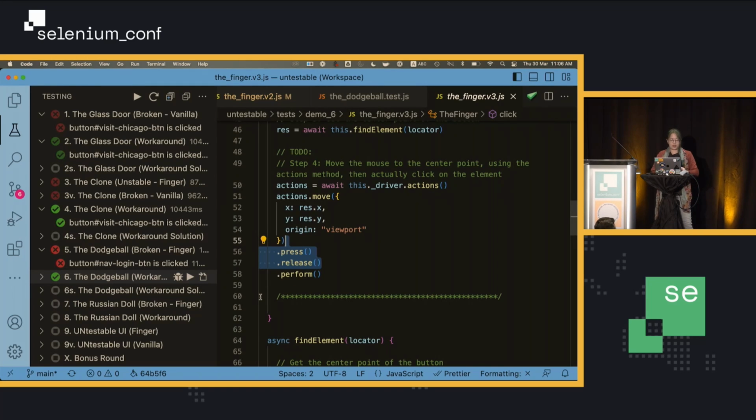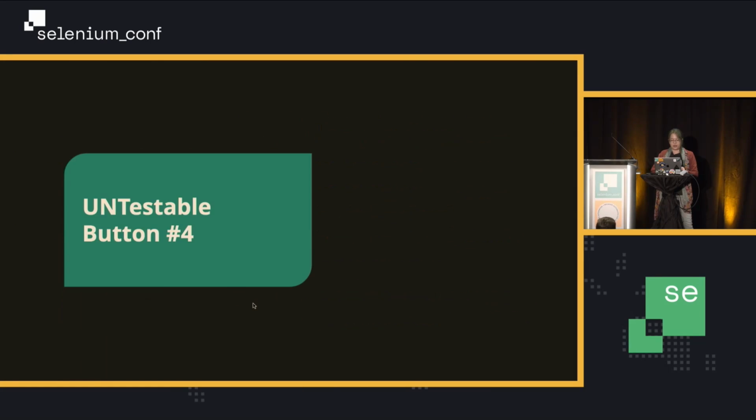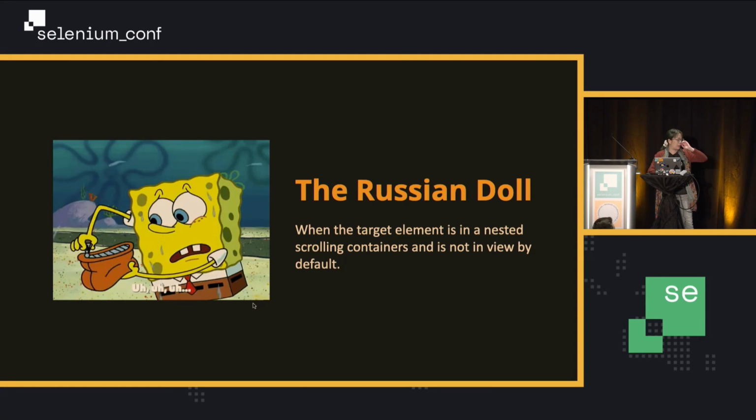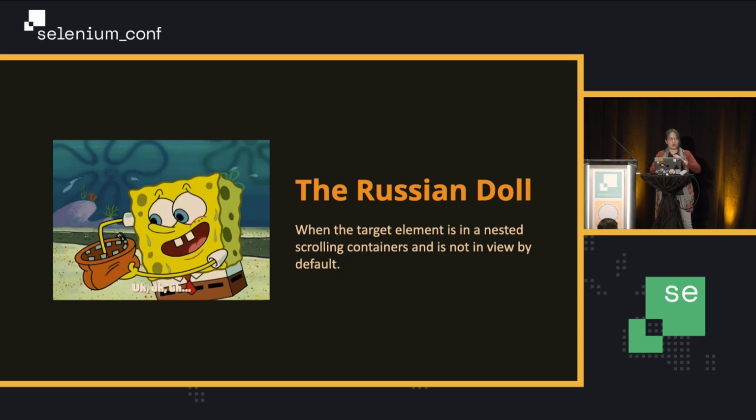Okay, so now the last example that I have makes the finger incomplete, and the finger will not be able to solve that yet. Let me show you what I call the Russian doll, where the element is inside a scrolling container and it's not in view by default.